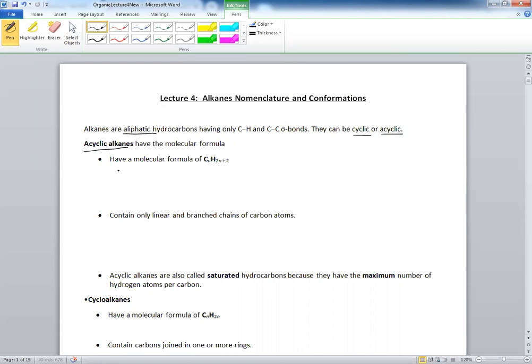So if we have something like C3, then H would be 2 times 3, that's a 6, plus 2. That would be an 8. So it would be C3H8, and that's, of course, propane.